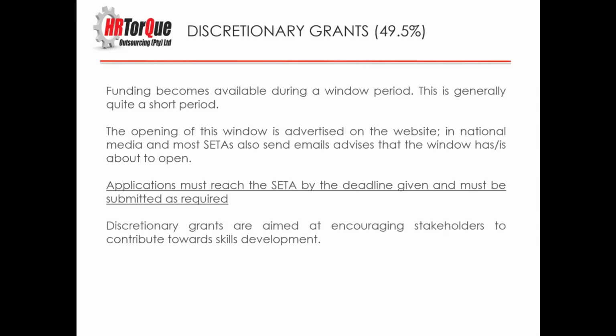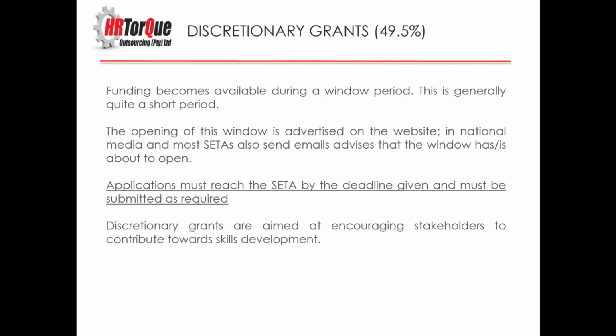The opening of this window is advertised, either on their website or in national media. They will also send emails advising that the window is about to open. So they do give you a little bit of leeway, but the window to make that application is very short. Those applications must reach the SETA by the deadline and must be submitted as required. The discretionary grants are aimed at encouraging people to contribute towards skills development.